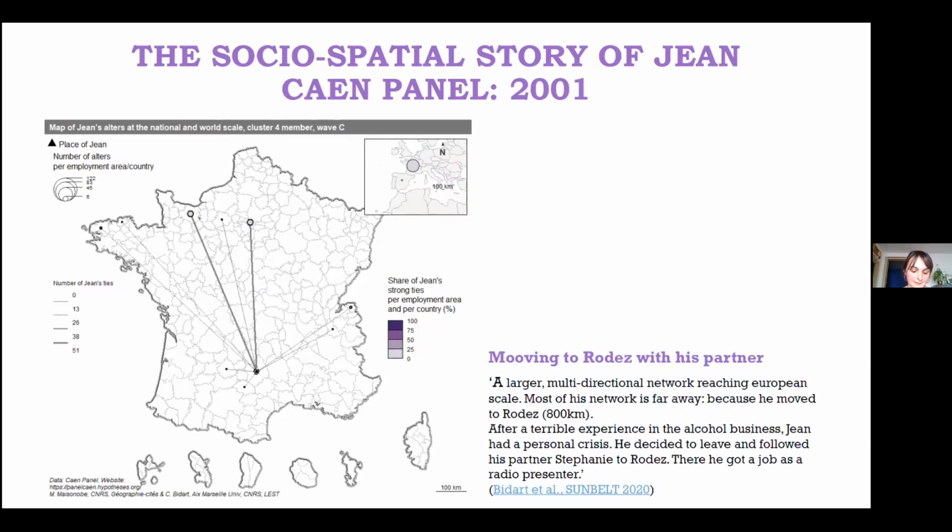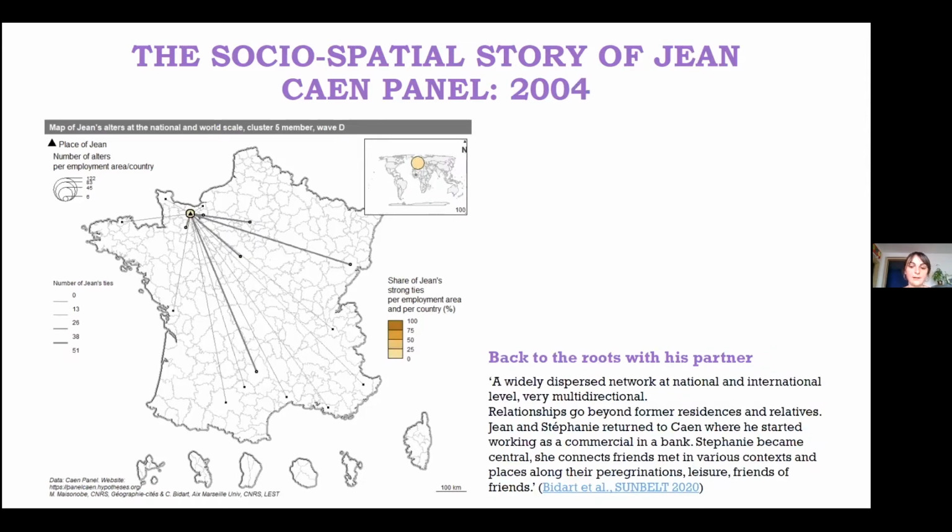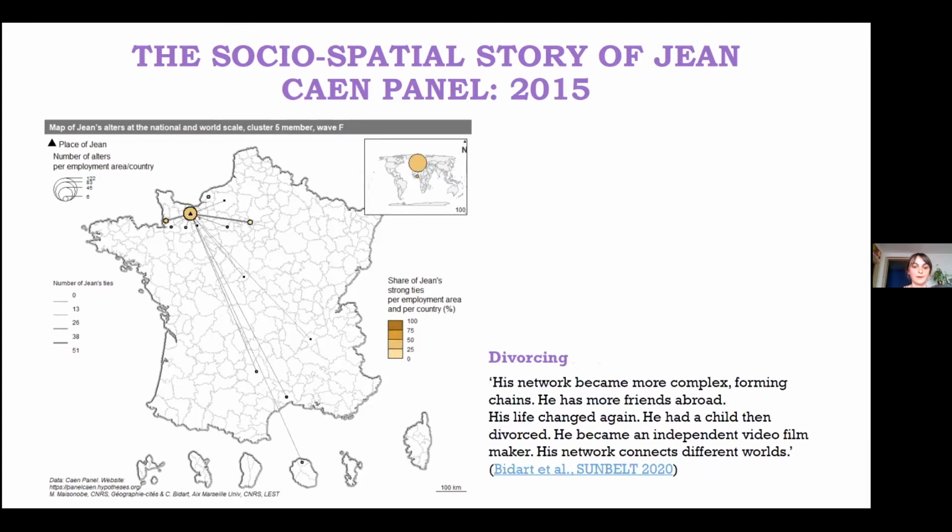And here it's when Jean lives in Rodez with his partner, and they have just changed their job. And here it's when they are back in Caen together, and again they change their jobs. And to finish, in the last wave of the survey, Jean is still in Caen, but now he's divorced and again has changed his job.